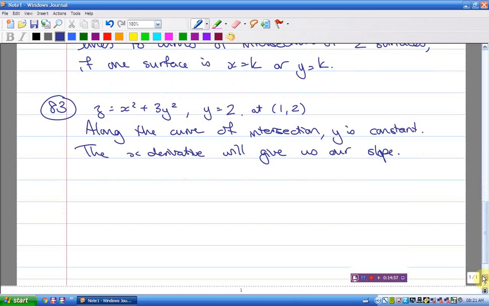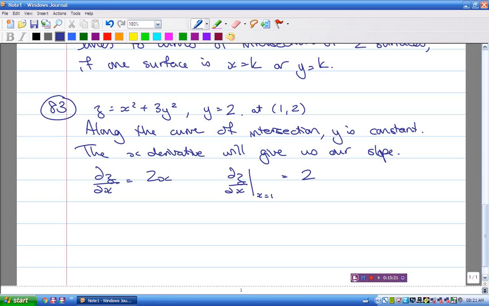So let's have a look. dz by dx is 2x. dz by dx evaluated at x equals 1 is therefore 2. Okay? Yay, we've got our slope.